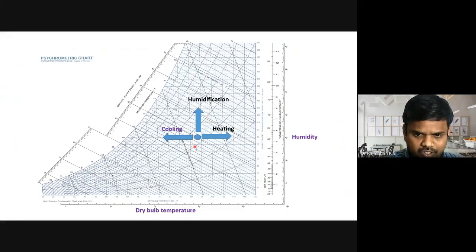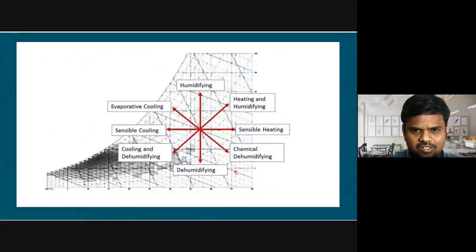And what would be the opposite of it? Without changing the temperature, if you are decreasing the absolute humidity, that is called the dehumidification process. Obviously, from a psychrometric chart, there are various air conditioning processes.